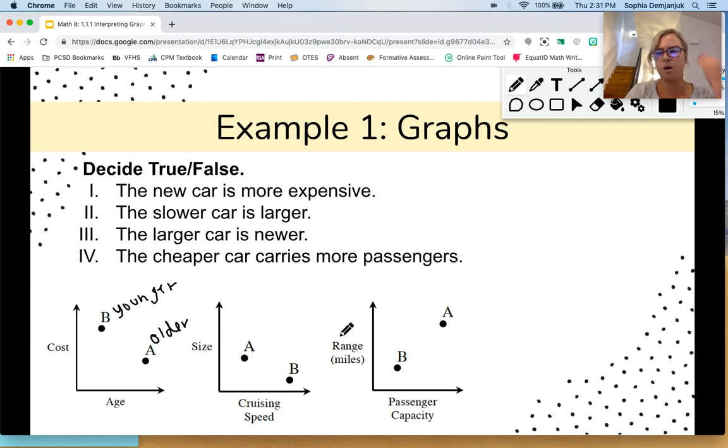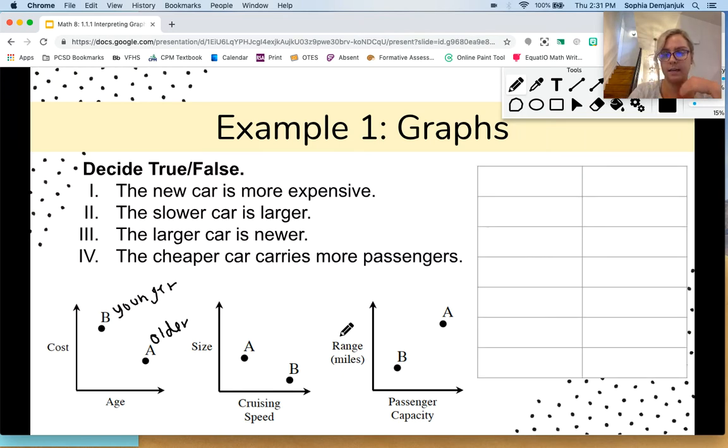And I don't want to keep marking up these graphs like that because they're pretty small on my screen. So I'm going to decide to keep it organized in a table, just a different method to keep things organized. I'm going to talk about A in this column, B in the other column. We already determined that A is older and that B is the younger car, or newer in more car terms.